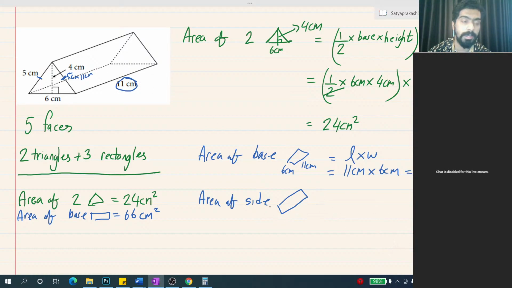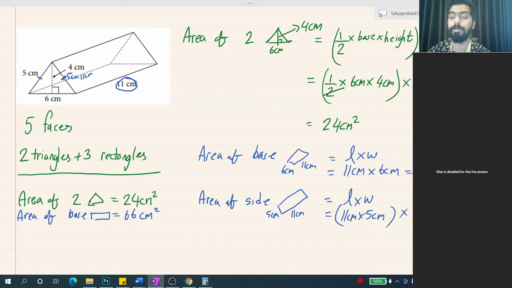In order to find the area of a rectangle, we take the length multiplied by its width, which is 11 centimeter multiplied by 5 centimeter. And since both of these sides have equal dimensions, I'm going to multiply it by 2, right, guys?